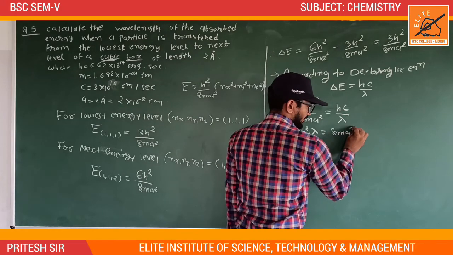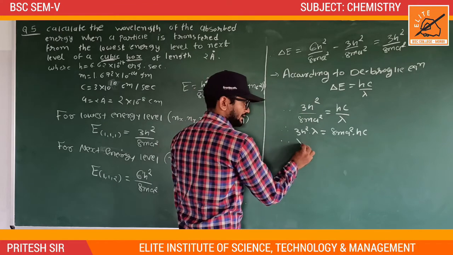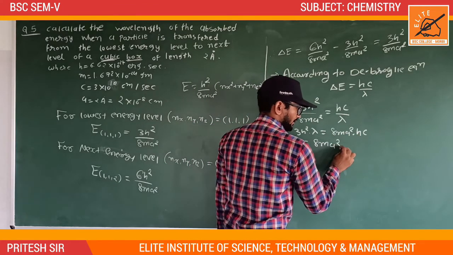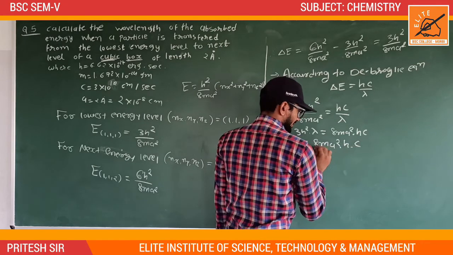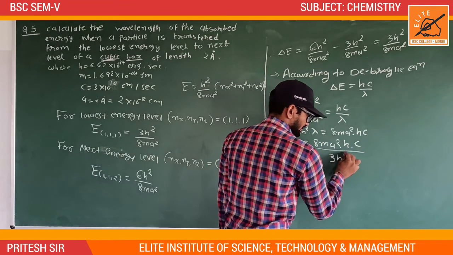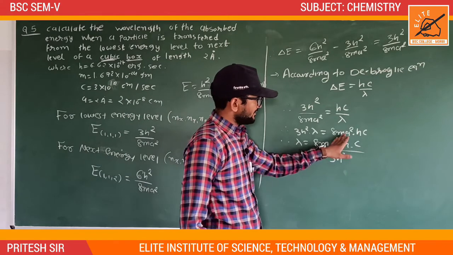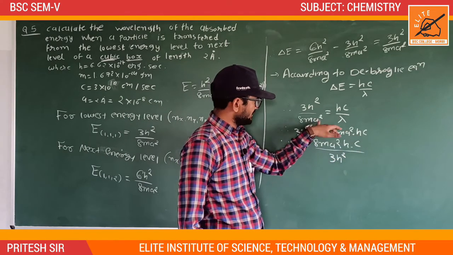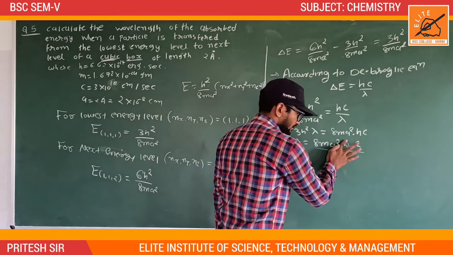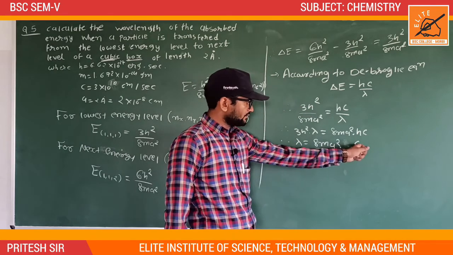So the value of lambda is equal to 8mL² into hc divided by 3h². Cancelling out one h, it becomes only 8mL² into c divided by 3h.